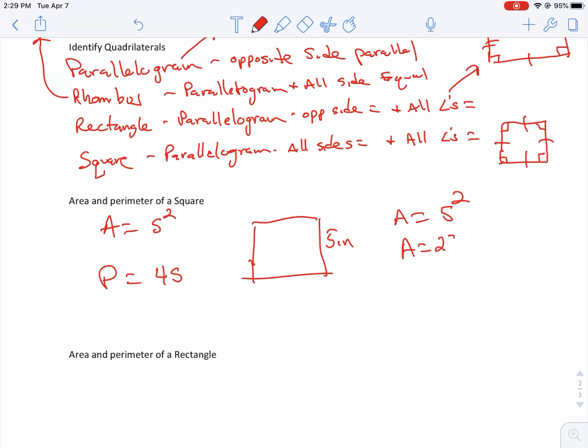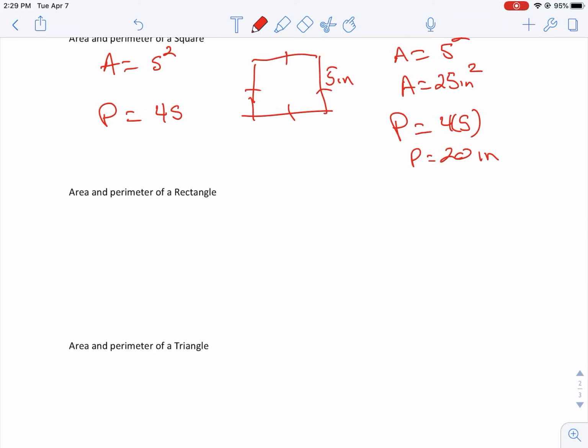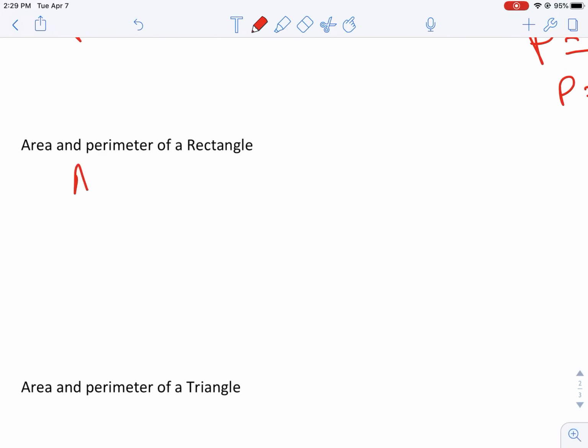Oh, let's write that a little better here. The area equals 25 inches squared. If we wanted the perimeter, we know that each side is equal, so it's just 5 plus 5 plus 5 plus 5, or 4 times 5, which is 20 inches. And notice we don't put squared on there, okay?